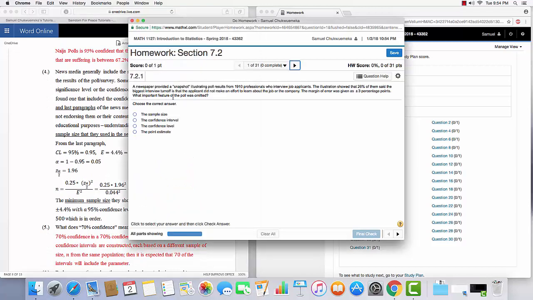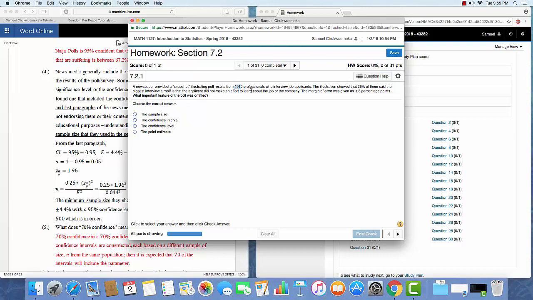So they include the sample size. This is the sample size here. The sample size is included, so it was not omitted. This was the sample size, 1,910 professionals.